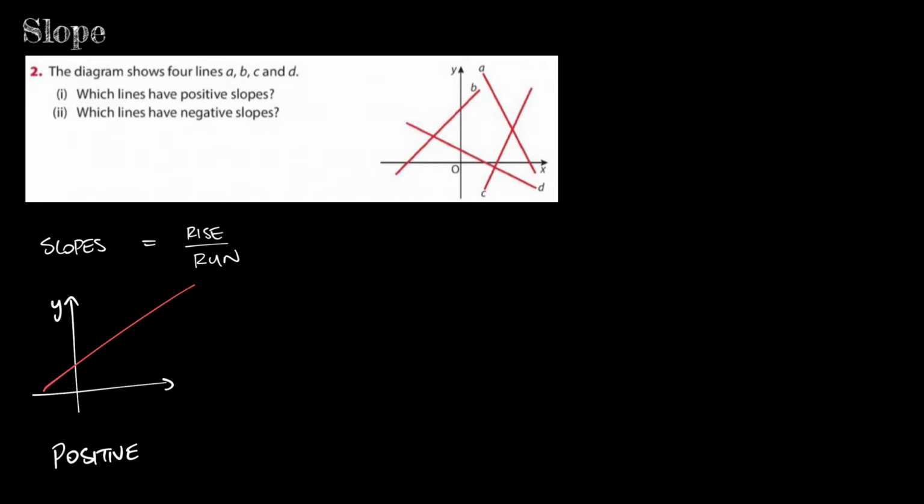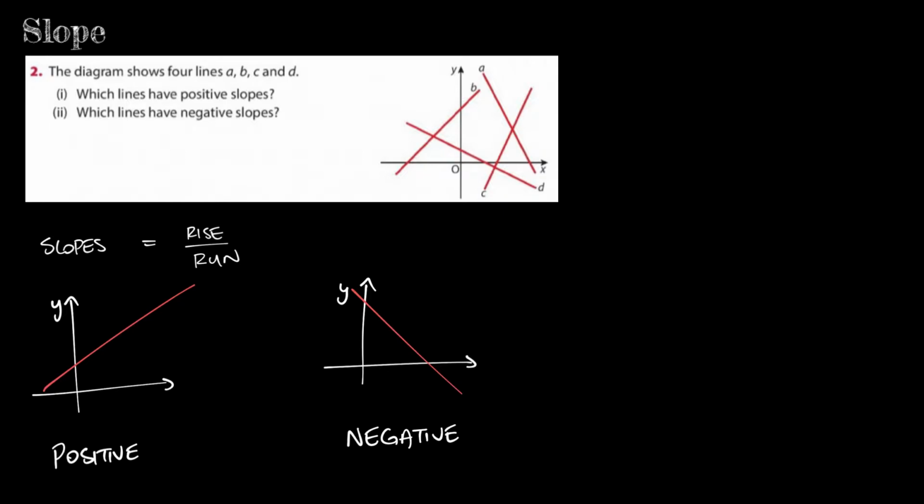If it slopes like this, it is a negative slope. So two types of slope, you've positive or you've negative.